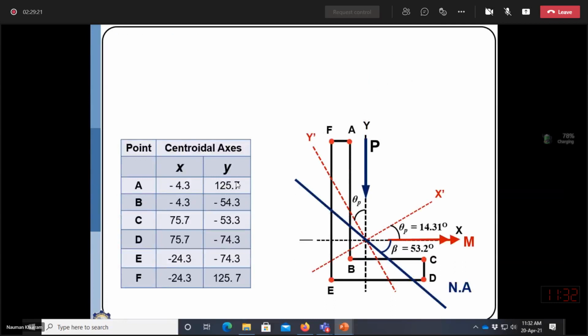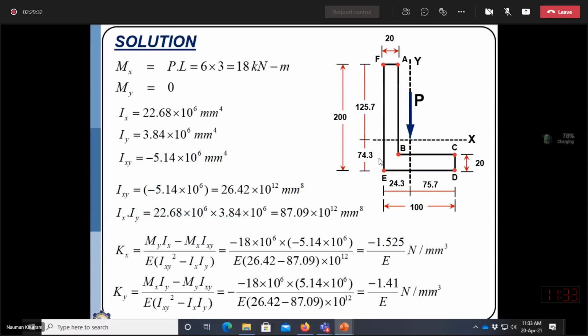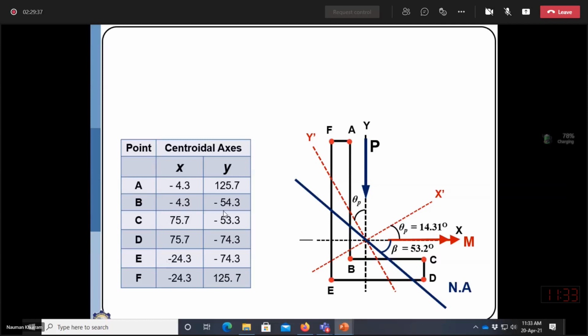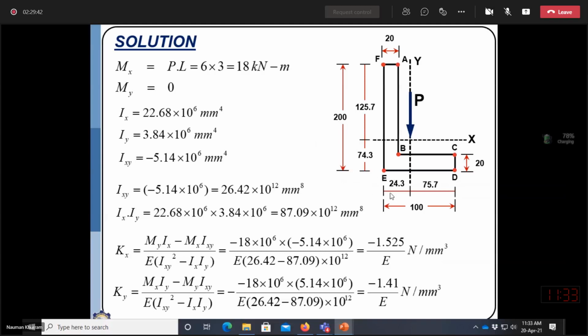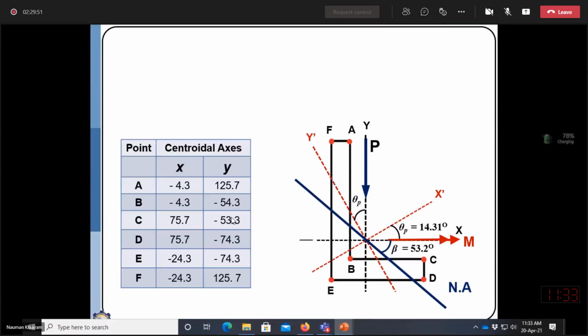Just see here, A and F have the same vertical position. Similarly, points E and D have a y coordinate of 74.3. And then B and C will be 74.3 minus 20, which is 54.3.